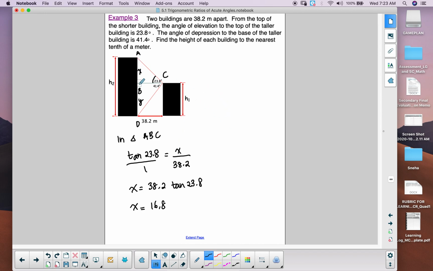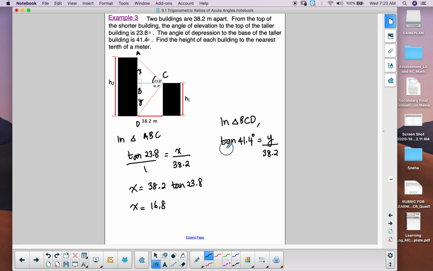Now I'm going to consider the second right angle triangle I have, which is triangle BCD. So in triangle BCD, tan of 41.4 degrees is again opposite side, which is Y, I labeled that Y, divided by adjacent side, which is again the distance from here to here, which is 38.2.